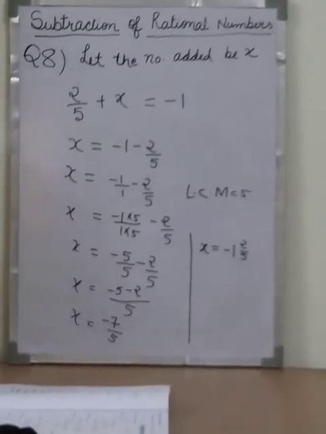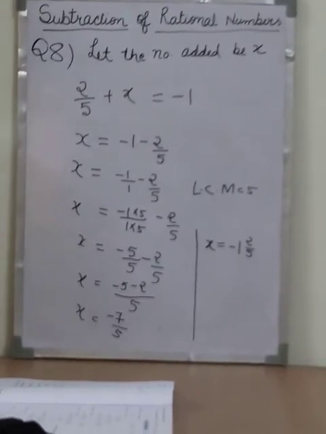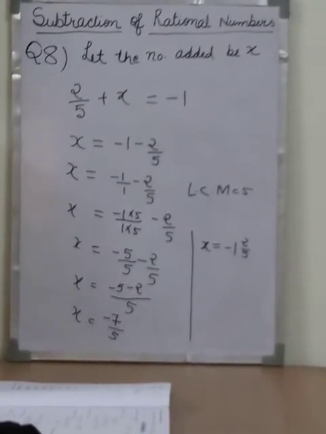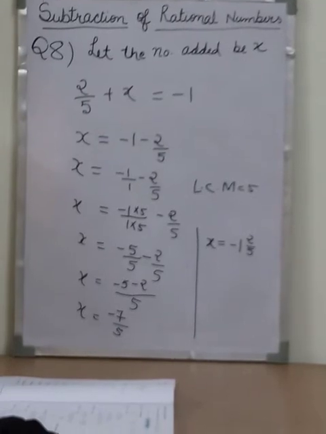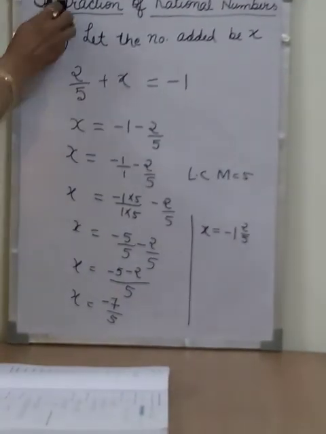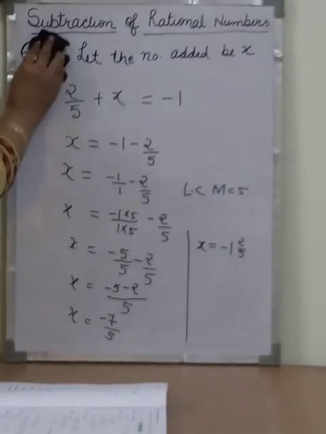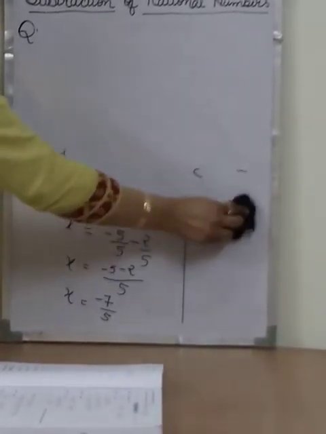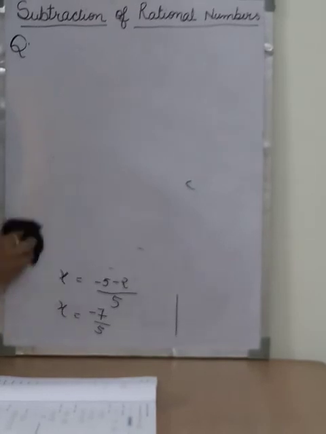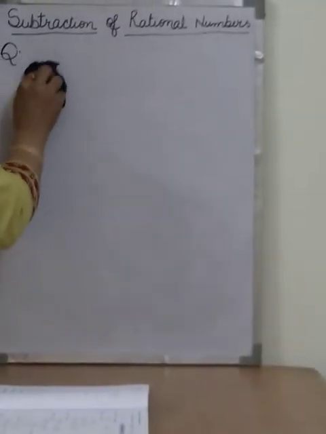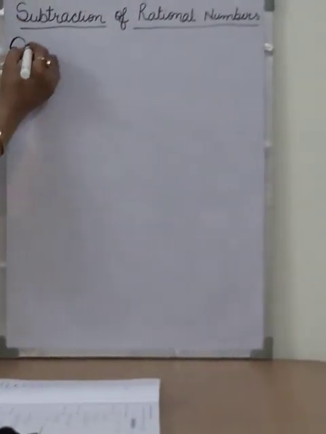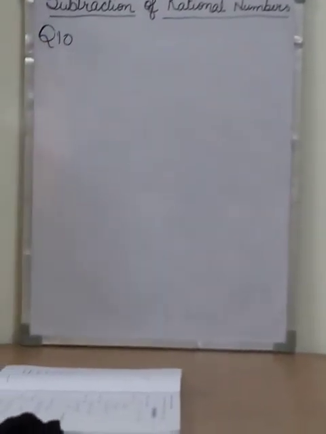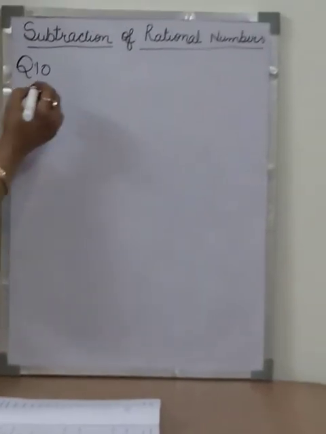Now instead of adding, they are saying, what should be subtracted from minus 2 by 3 to get 1. Question number 10. What should be subtracted from?